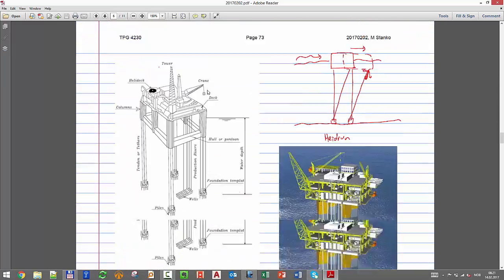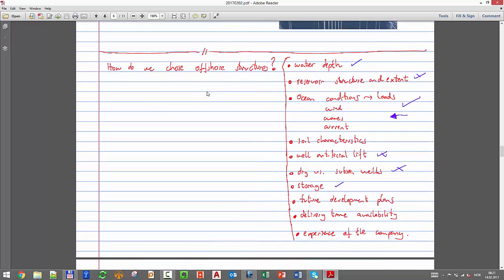Then we saw something interesting. How you select the structure really depends on many factors. But one of them, very important, is which kind of wells you are going to use, subsea or platform. What we call dry Christmas tree or wet Christmas tree.